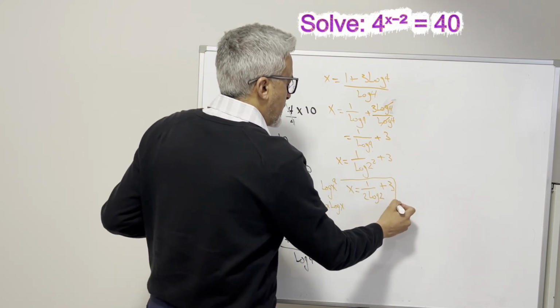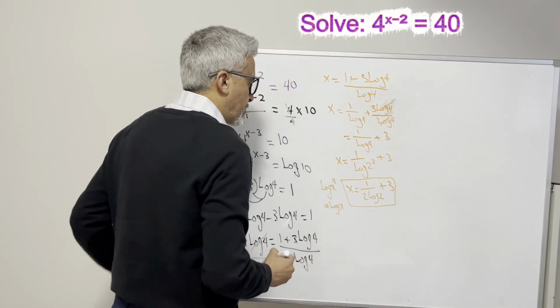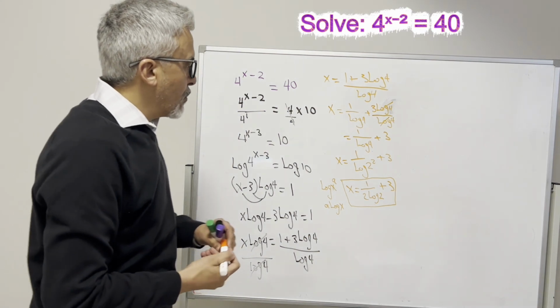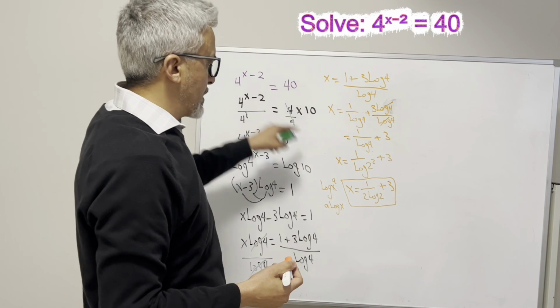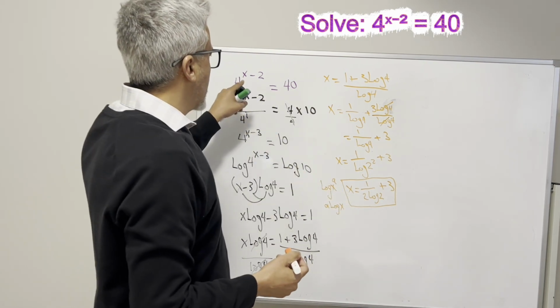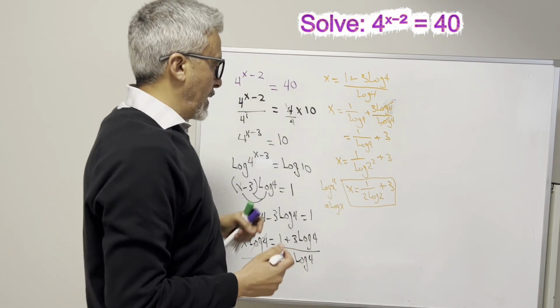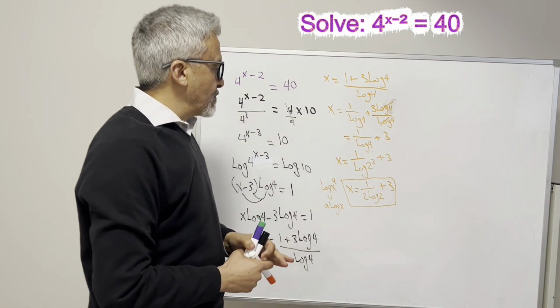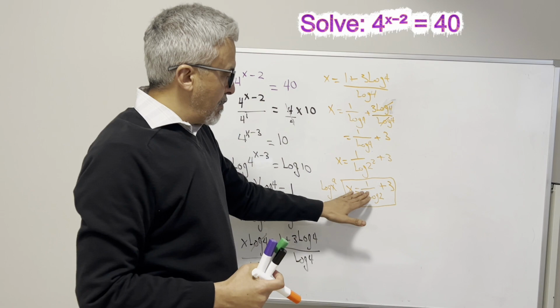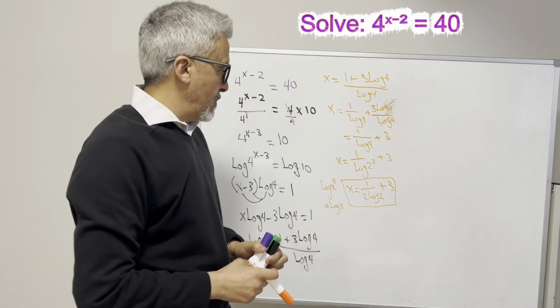And that is my answer. And now we want to check if this really works. If we sub this in for x here, are we going to get 40? To be able to do that, I have to manipulate this a little bit further.